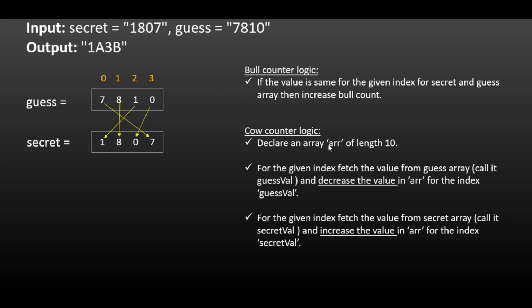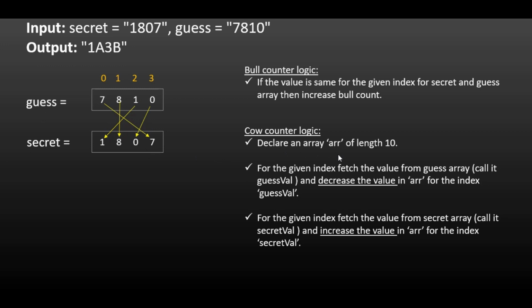So this ARR array is nothing but a frequency map, and we use the same array for guess and secret. Whenever the value 7 occurs for a given index in guess, I am decrementing the value, and for the given index of the secret array we are incrementing the value.